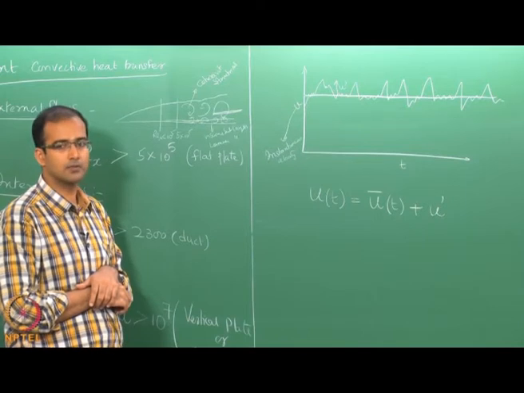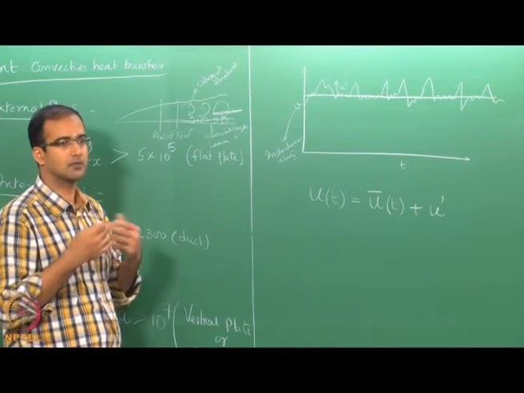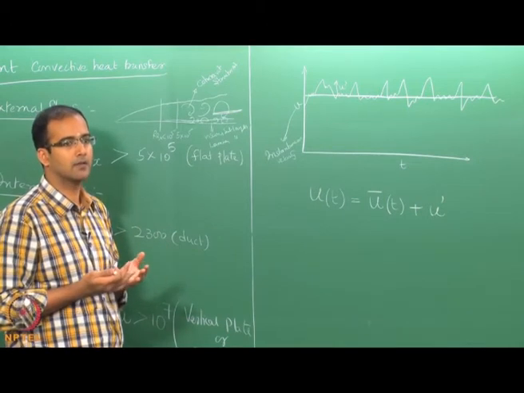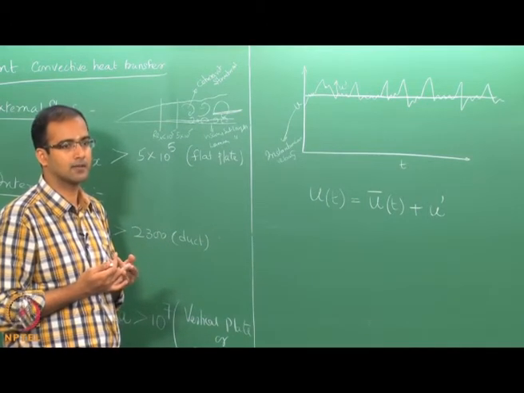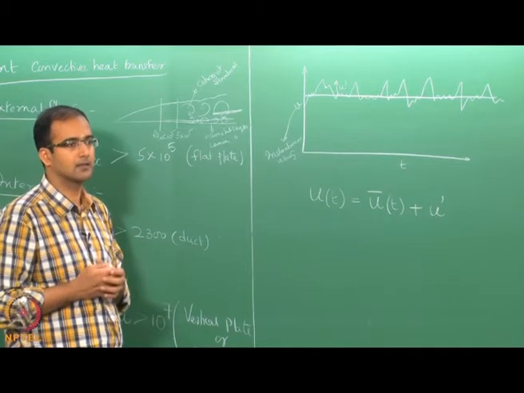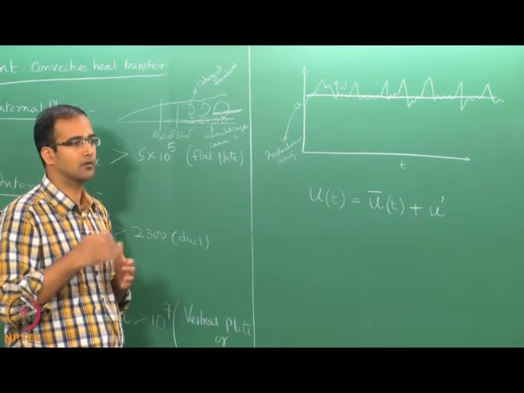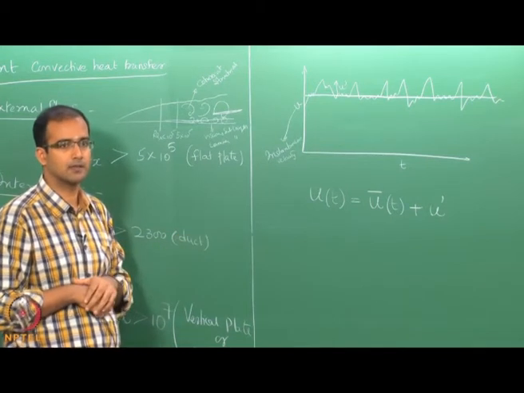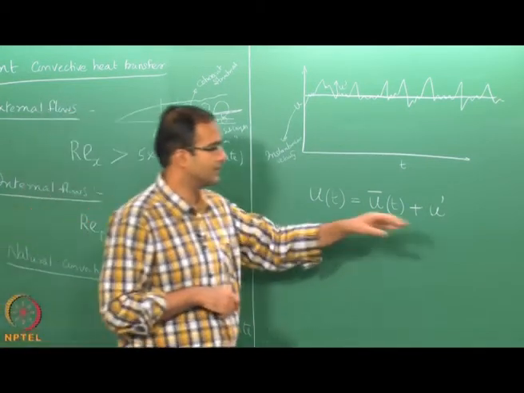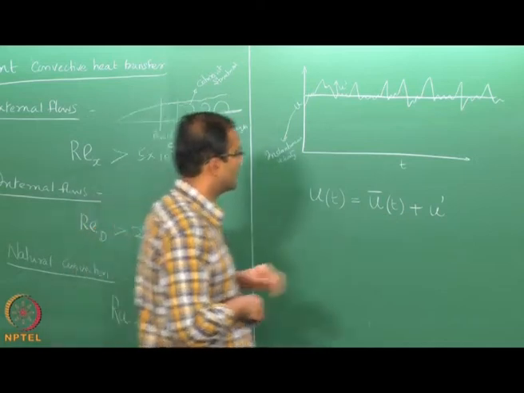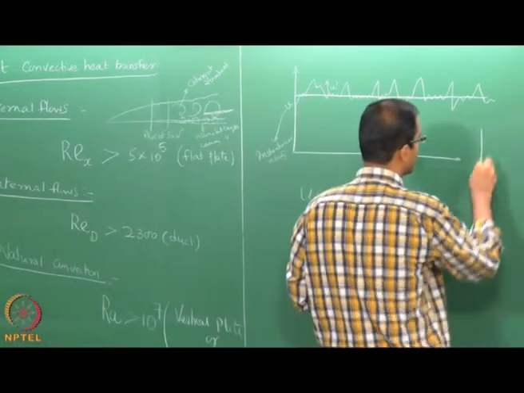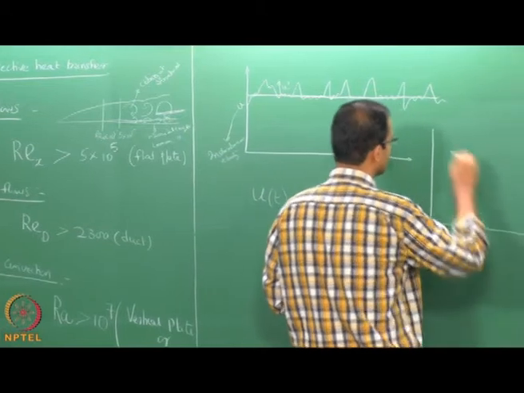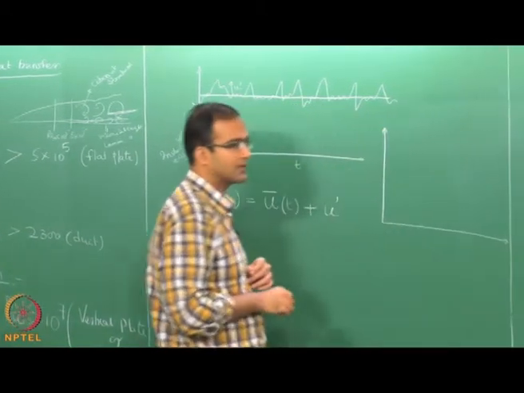So, in order to simplify the post process and also solve the equations, we look at the mean velocity and a fluctuation about this mean, and therefore we assume that the instantaneous velocity is equal to the sum of the mean and the fluctuation. Now this mean velocity also can be a function of time depending on the kind of filter that you apply.